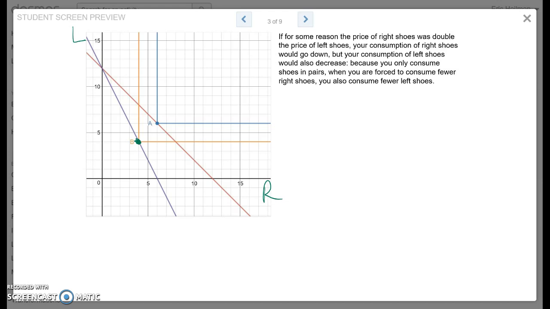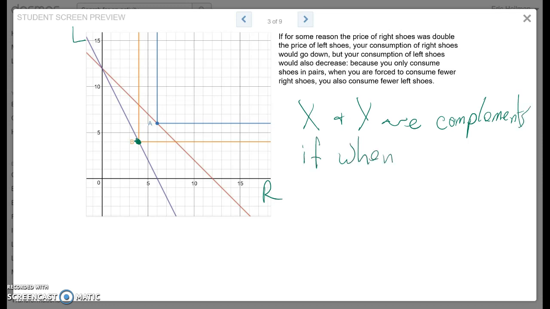This is one of the key definitions of complements. X and Y are complements if, when the price of good X goes up, your consumption of good Y goes down.